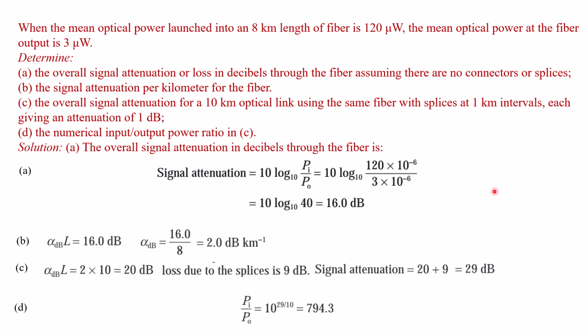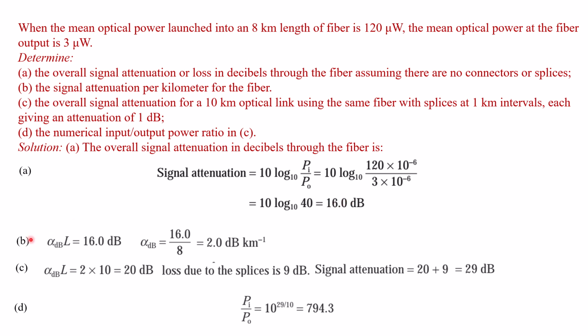So let us see how we can solve this problem. The signal attenuation, as we have discussed, is by definition 10 log to the base 10 Pi by PO. Pi is given as 120 microwatt and PO is 3 microwatt. So 120 microwatt divided by 3 microwatt, and it turns out to be 16 dB.